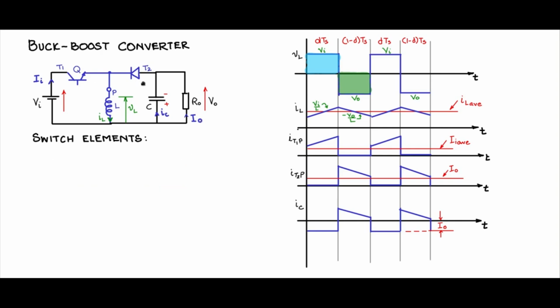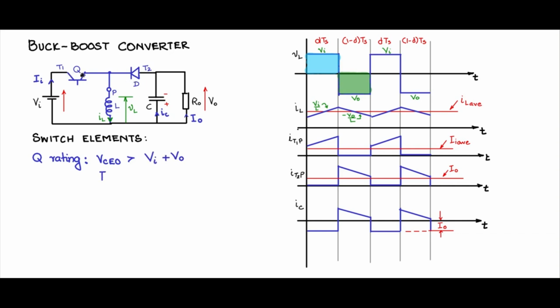So now this is Q and this is D. Let us write down the ratings for Q and the ratings for D. The VCO rating: when the switch is off, the collector is at Vi potential and the emitter, as the diode is conducting, freewheeling during that time, will be connected to minus V0. So Vi on one side and minus V0 on the other. So the QVCO should be greater than Vi plus V0.